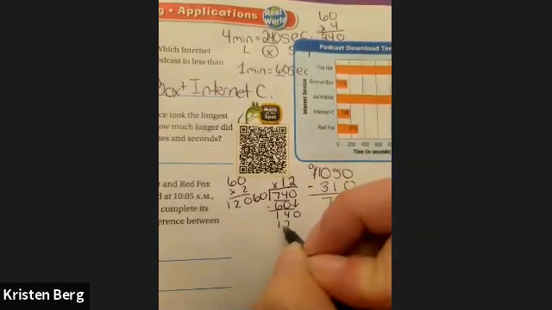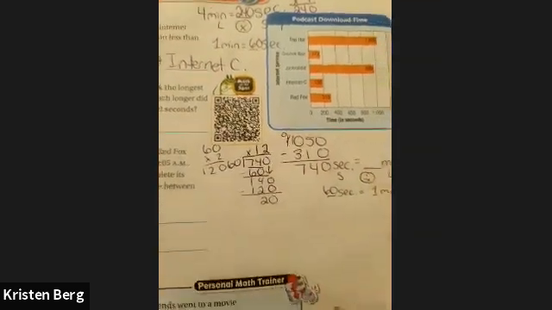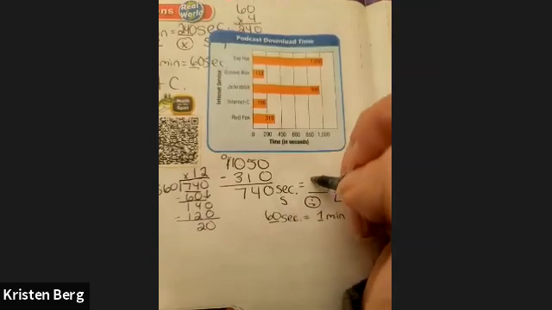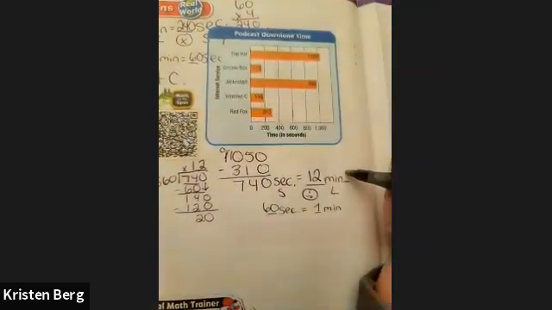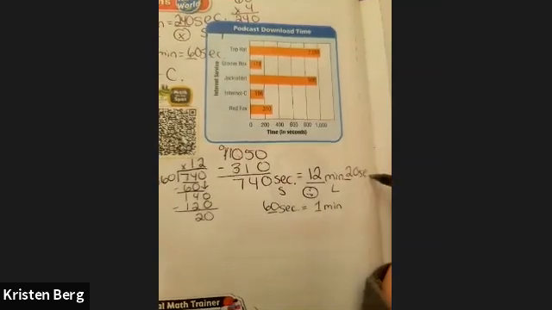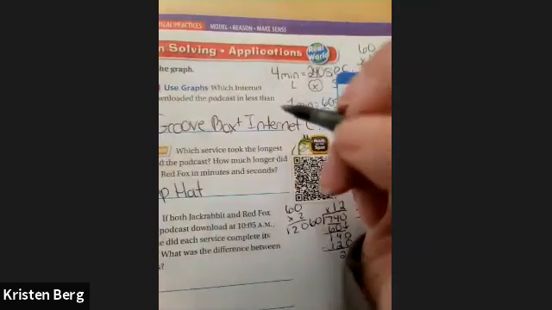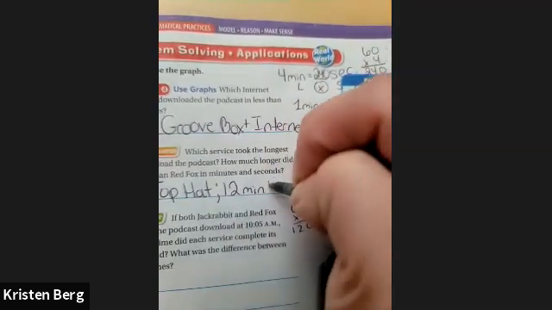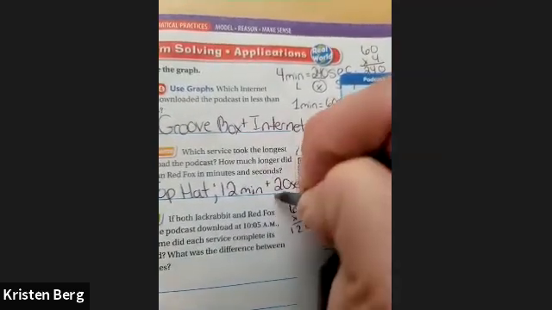And then subtract that, that would be 20. So therefore, it would be 12 full minutes. And then how many seconds left over? It would be 20 seconds left over. So therefore, it is 12 minutes and 20 seconds longer.